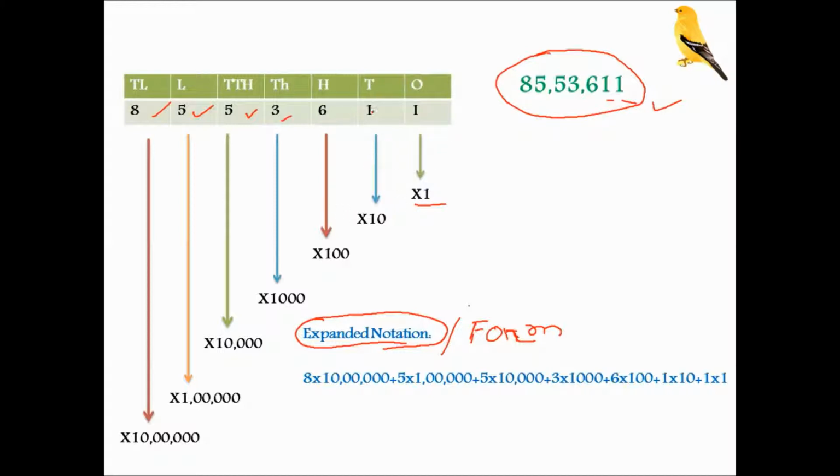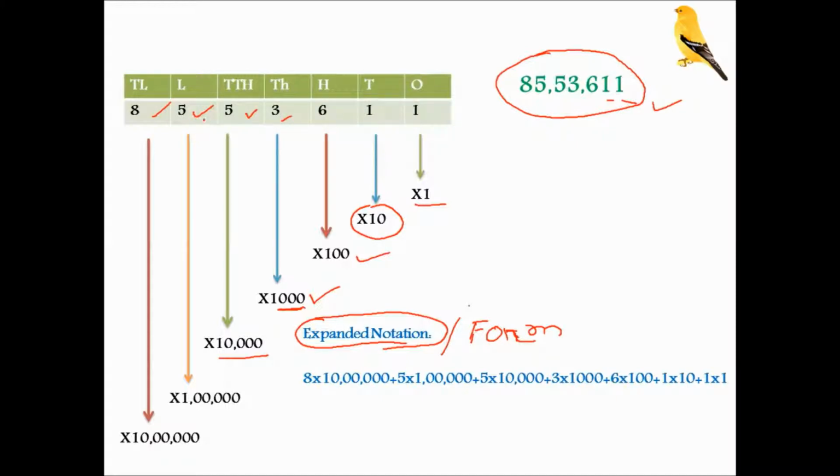The next 1 is in the tens place, so it will be multiplied by 10. 6 is in the hundreds place, so it will be 6 into 100. 3 in the thousands place will be written as 3 into 1000. 5 in the 10,000s place, so 5 into 10,000.